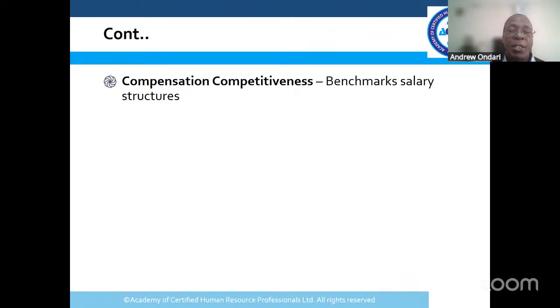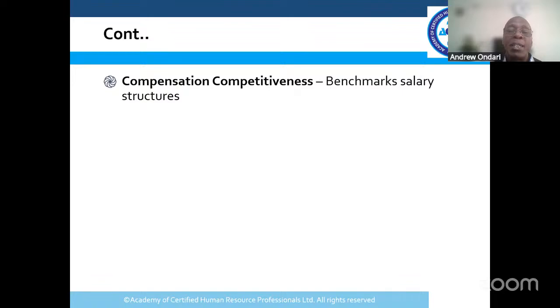You look at what the current employees are paid in a particular grade, say grade D1. You compare grade D1 with grade D1 in another organization, and that will help us to determine whether we are paying at the market rate or above the market rate or below the market rate.